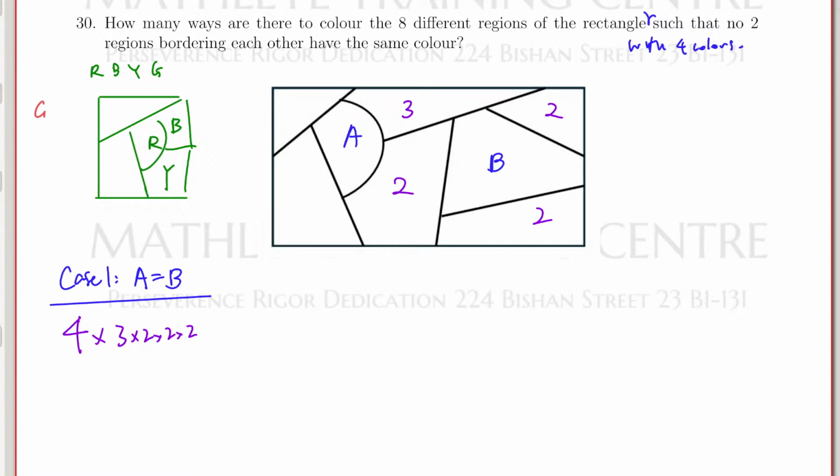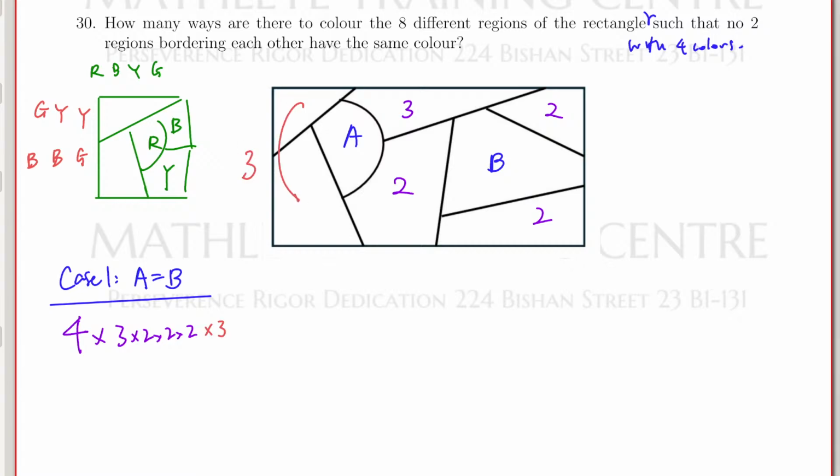It can be GB, or it can be YB, or it can be YG. That's it. If you don't believe me, you can try for yourself. So these two regions combined have three ways.